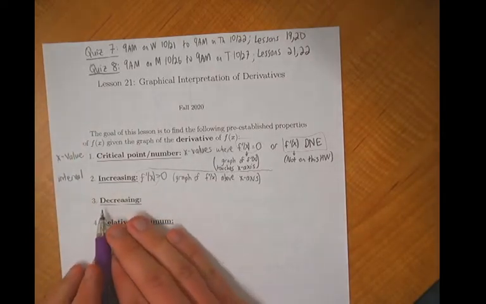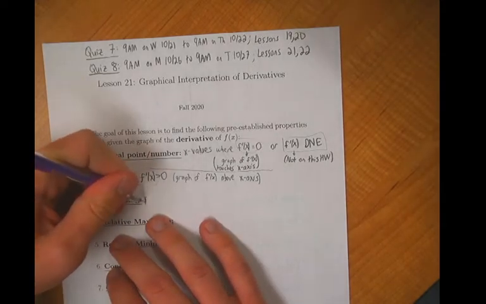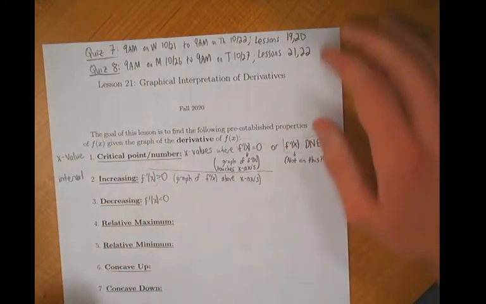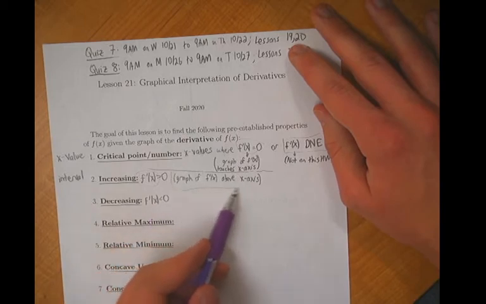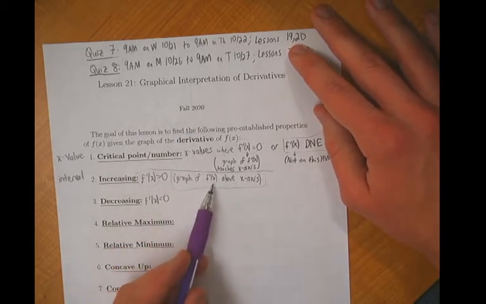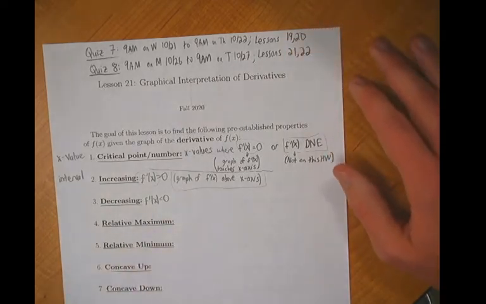Now let's take a look at decreasing. In this case, f prime of x is going to be negative. In light of what we established, increasing meant that the graph of f prime of x would be above the x-axis. So what should that tell you about decreasing?